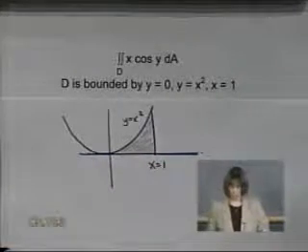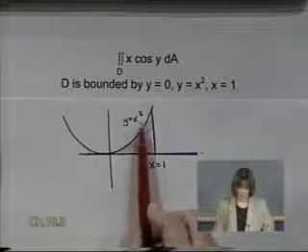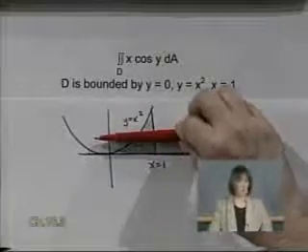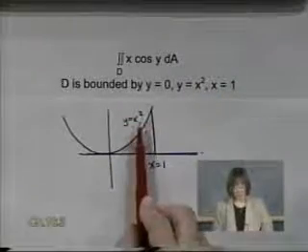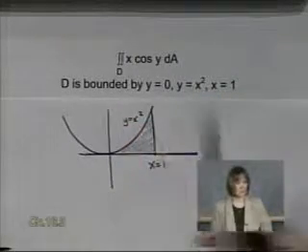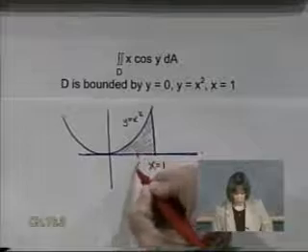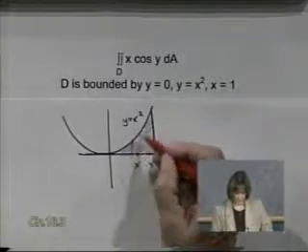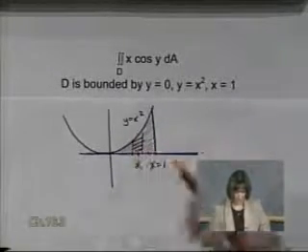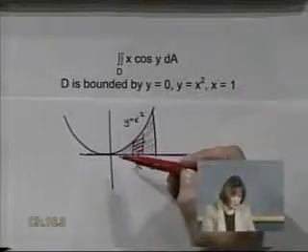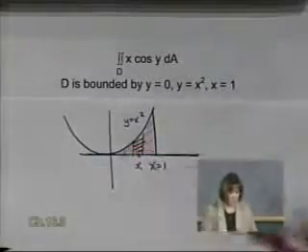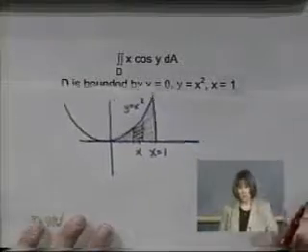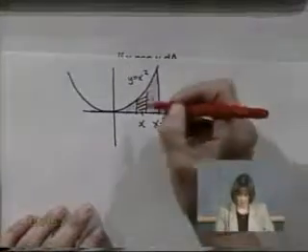Now, to tell you the truth, I could draw my strips this way, or I could draw them this way. We could do it either way, but for most students, if it's going to work going this way, let's go this way first. So we're going to pick an arbitrary x and look at our strip. And notice no matter what strip I draw in that region, over here or here, if it's vertical, they're going to be going from the x-axis to the parabola. So what are we going to be integrating with respect to first?